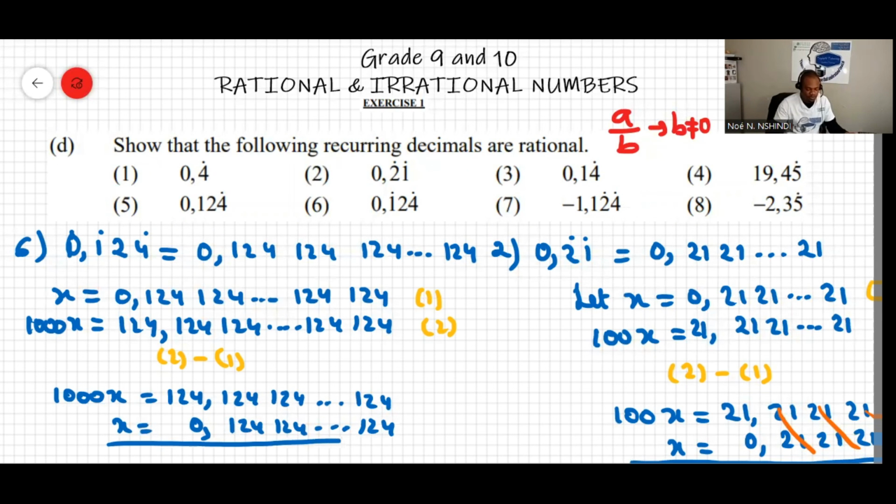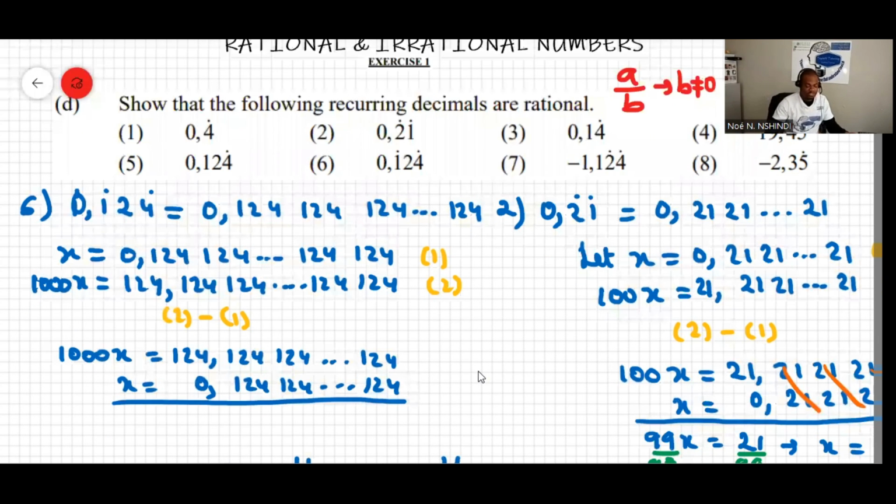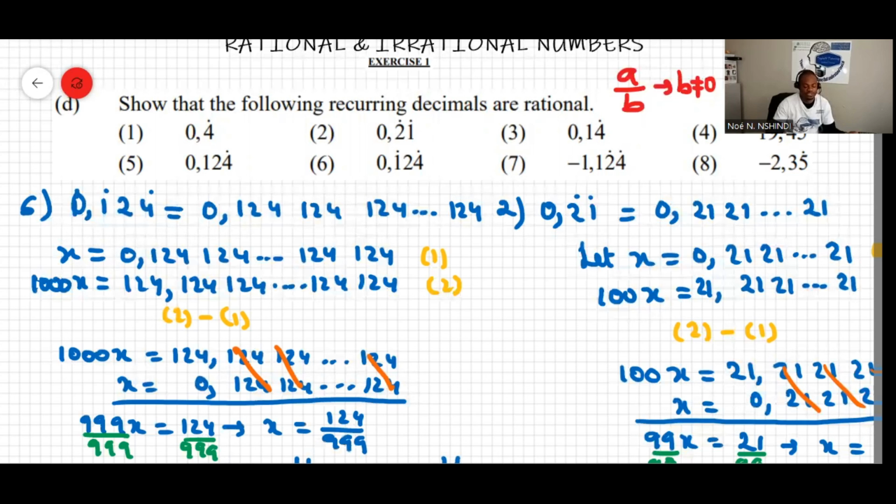Now, 1000x minus x is 999x equal to 124, and all these decimal parts will be simplified. If I need to get the value of x, I divide here by 999, and then this will be 124 over 999. So this is the decimal part.